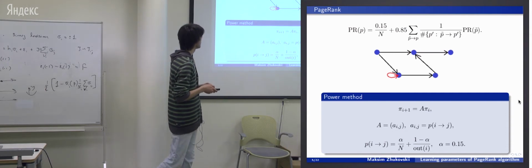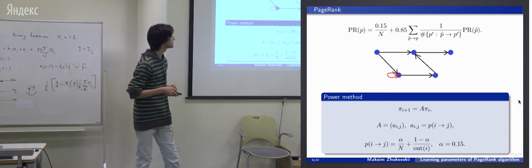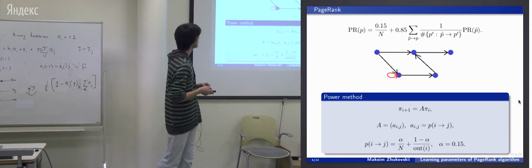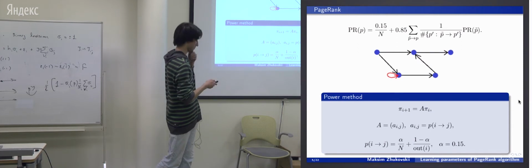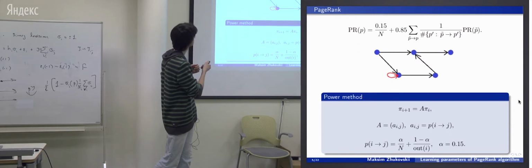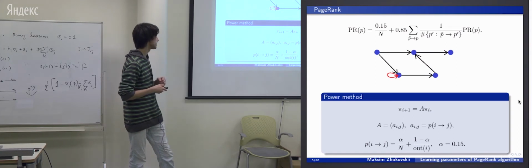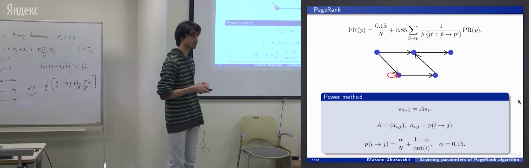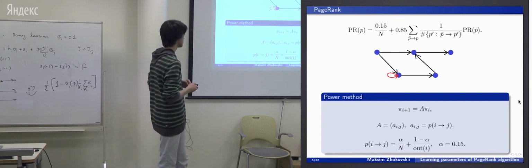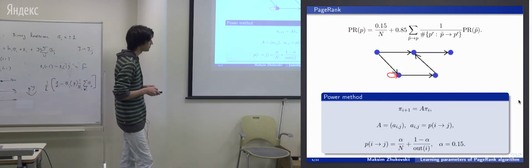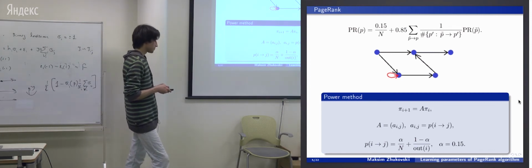A stationary distribution in this process is called PageRank, and it can be computed. It is a solution of a system of linear equations, and it can be computed by the power method. So pi converges to this stationary distribution, to PageRank, and A is the matrix of transition probabilities.